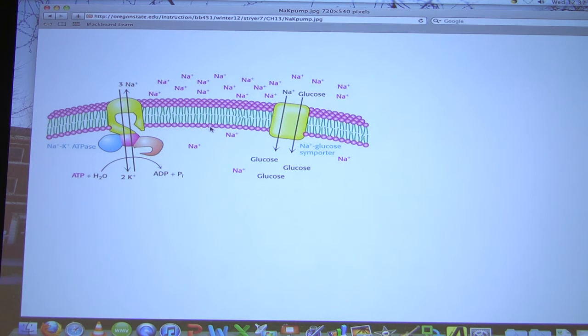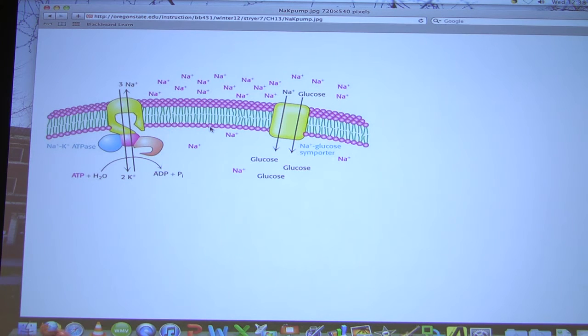It turns out that, in some cells, they use the sodium gradient as a way of bringing in glucose. So cells that are in a portion of the body that don't have a high concentration of glucose outside may need to actively transport glucose in, that is, to move glucose against a concentration gradient.